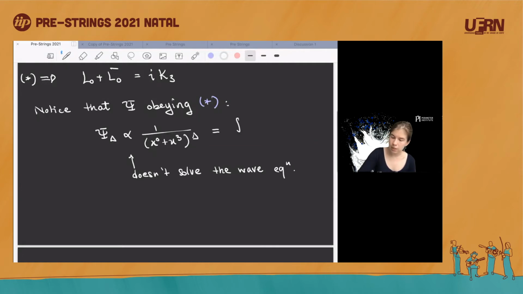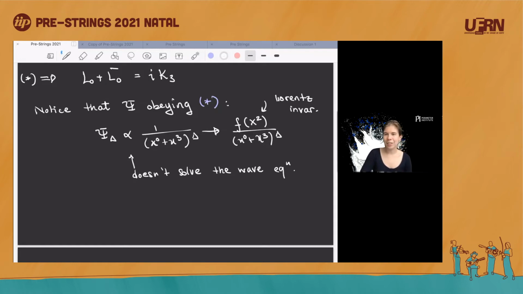So any psi delta which is of the form some function of x squared divided by (x0 plus x3) to the delta, this is Lorentz invariant, okay? So it won't affect the fact that this is a boost eigenstate, the scalar, and the highest weight state.